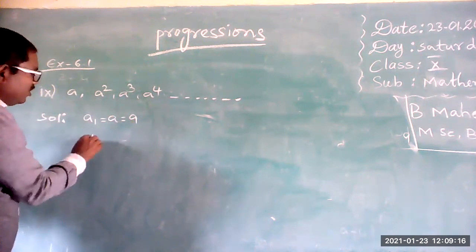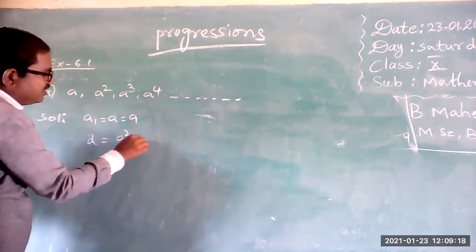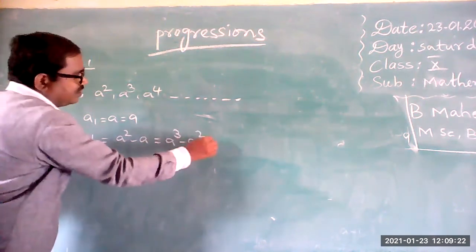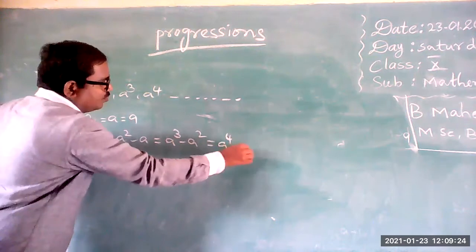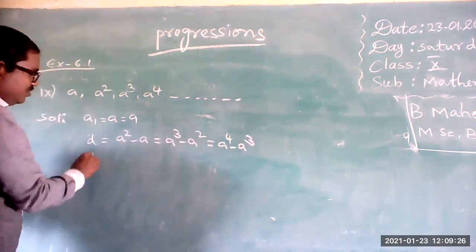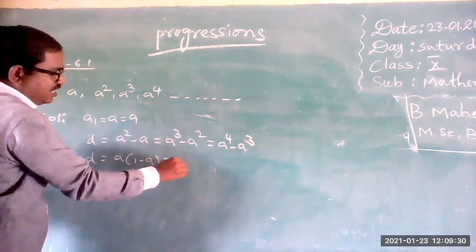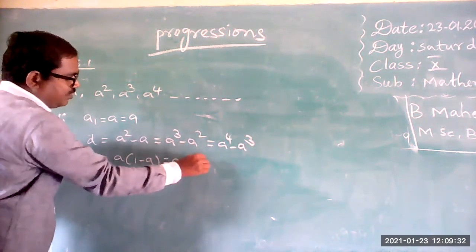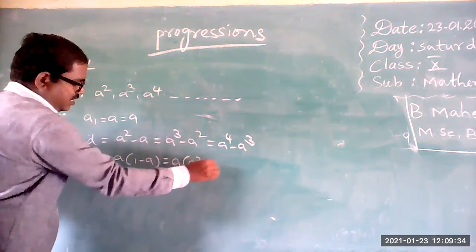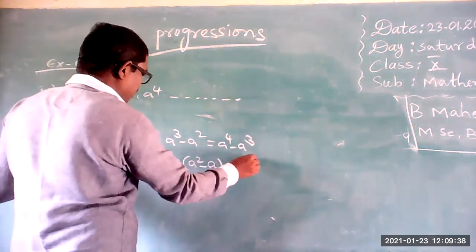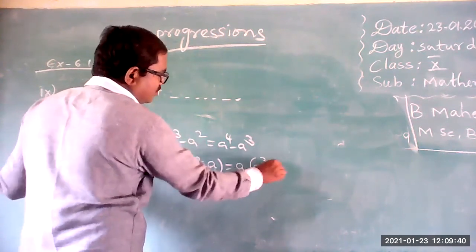So the common difference: A square minus A, A cube minus A square, A power 4 minus A cube. So D is equal to A minus 1, A square minus A, A cube minus A square.